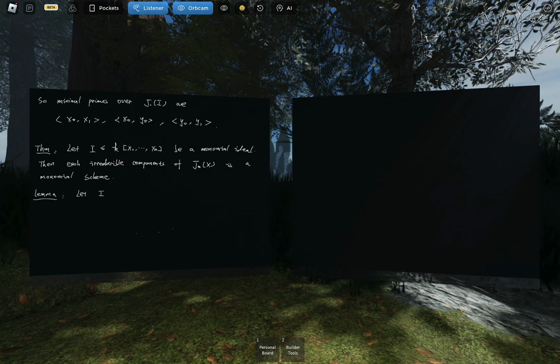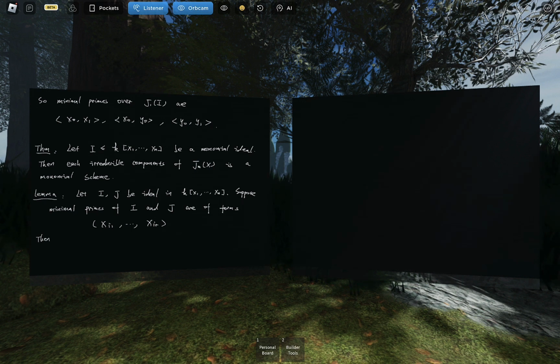The lemma is: let I and J be ideals in this polynomial ring, and suppose their minimal primes are all of this form.